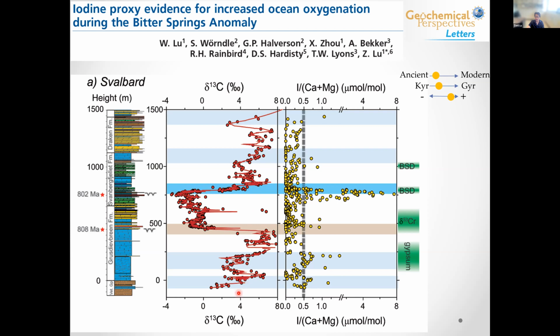If you look throughout this record, you have multiple C13 values that drift up, and most of the Precambrian iodine to calcium ratios are below half a micromole per mole, and all of these sporadically high iodine numbers were more frequently observed during the positive drift of the C13.